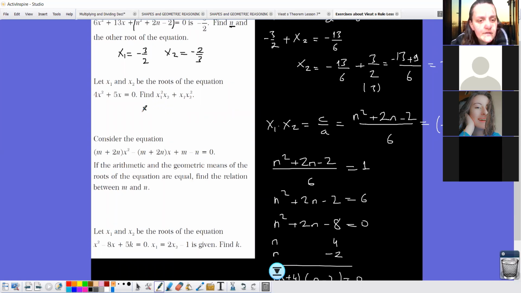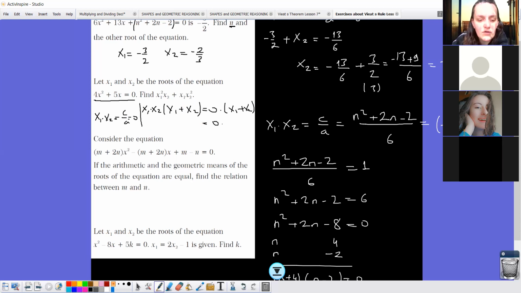Can I write it like this, x1 times x2 times x1 plus x2? Yes, and you have Vieta's theorem. One more thing here: do we have c in this equation? No. We have b, and c will be 0. So directly, x1 times x2, which is c over a, which is 0 over 4, will be 0. And this will be 0 times x1 plus x2, which is 0.